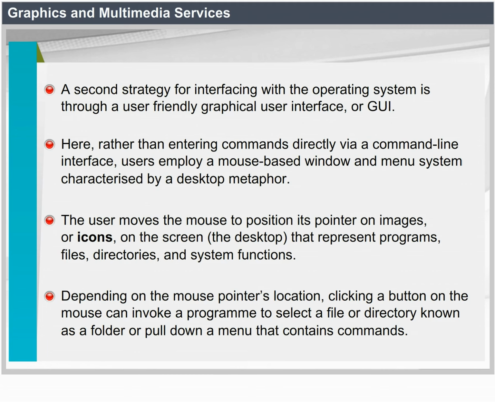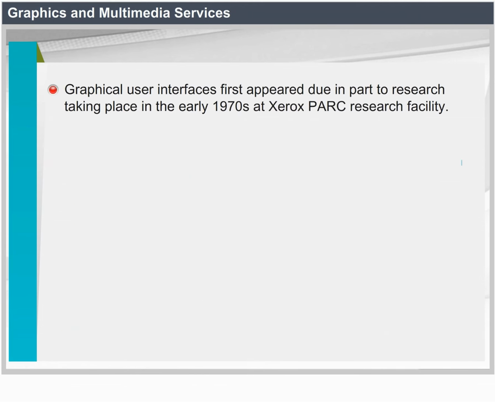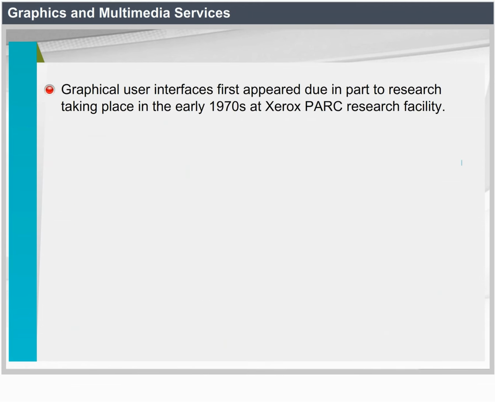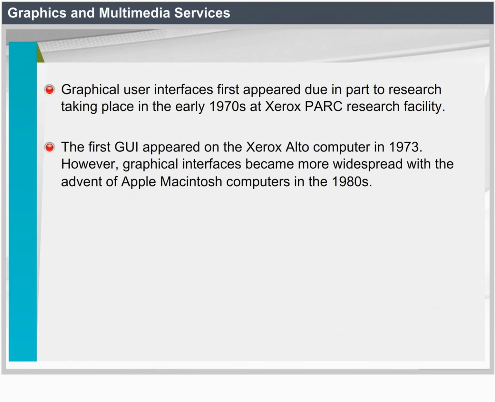Graphical user interfaces first appeared due in part to research taking place in the early 1970s at the Xerox PARC research facility. The first GUI appeared on the Xerox Alto computer in 1973. However, graphical interfaces became more widespread with the advent of Apple Macintosh computers in the 1980s.